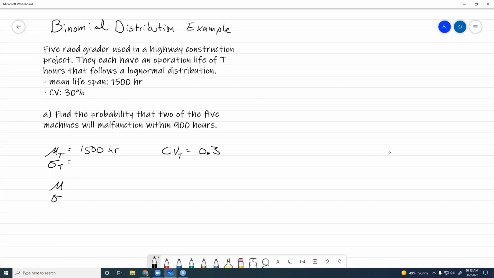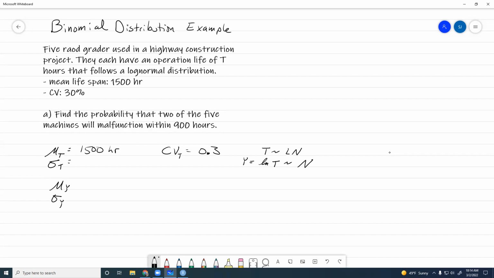So remember, if T follows a log normal distribution, ln of T follows a normal distribution. But we don't have all the values, right? We just have a mean and a standard deviation of T. And so we need to calculate mu of Y and sigma of Y, where Y is equal to ln of T. And there are some special relationships that we use.